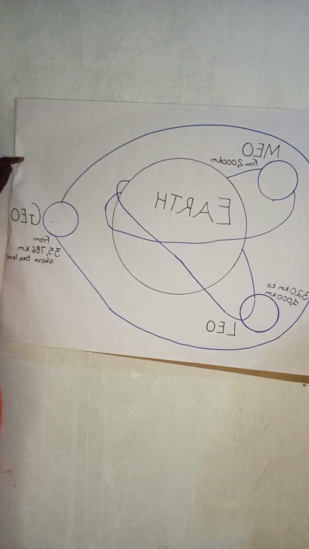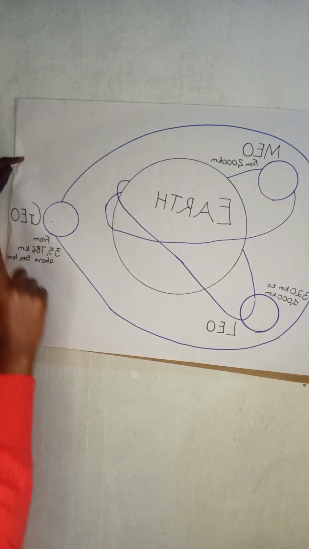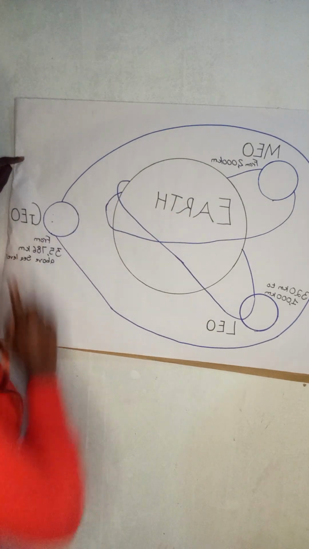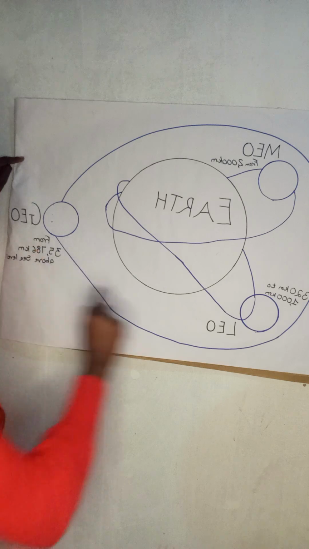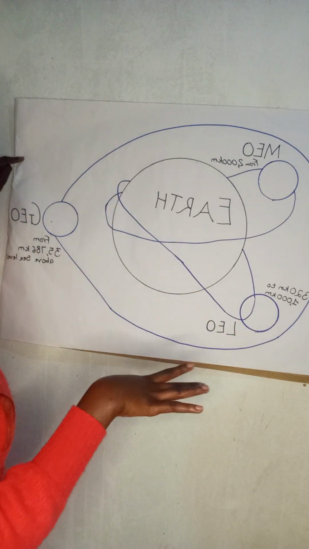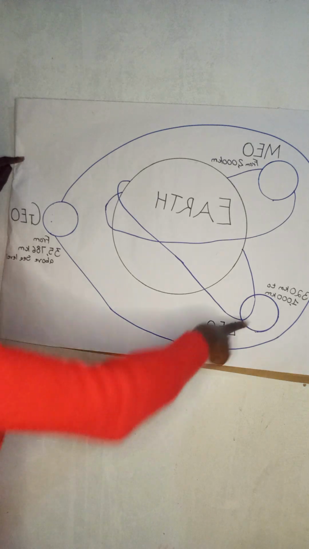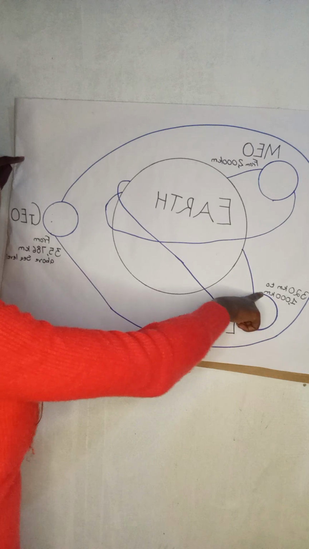As I earlier stated, my artistic skills aren't that good, but I hope this still helps. As you can see here, this is the Earth, and we are going to start with the low Earth orbit. It's located 320 kilometers to 1,000 kilometers above sea level, so it doesn't exceed 1,000 kilometers.